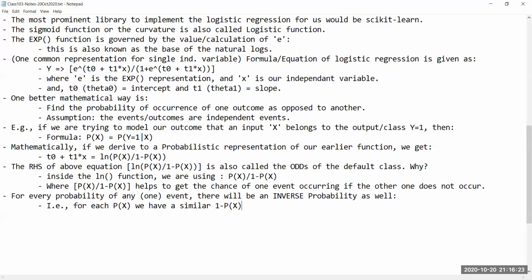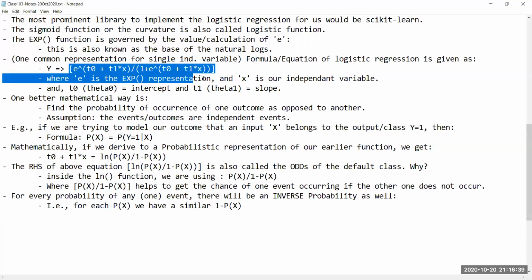Now what we are essentially doing is simply taking the natural log on both sides. Both sides of the equation can be taken as natural log, and because I took a natural log of this equation, it got a representation of this.